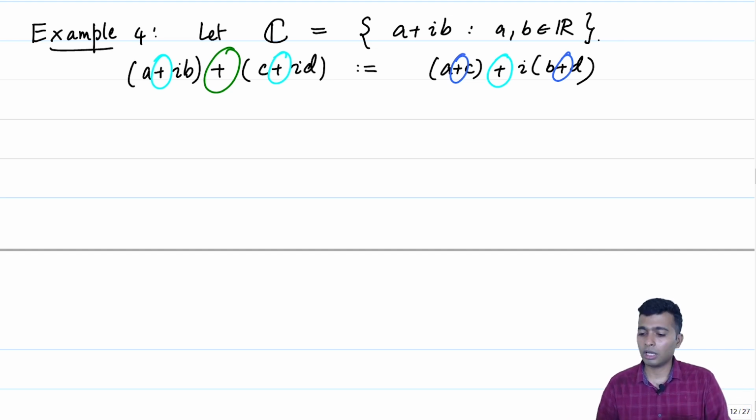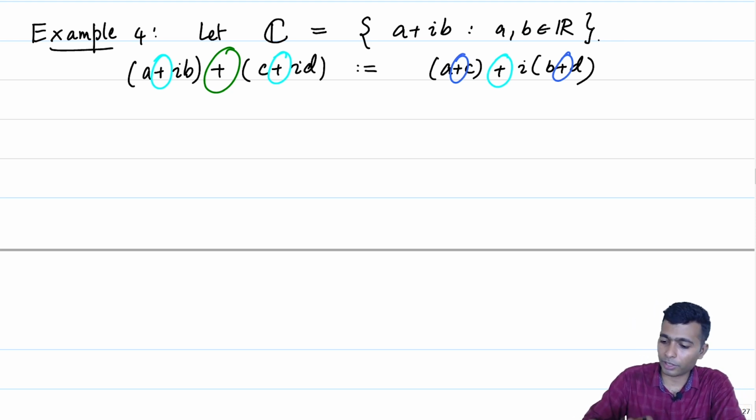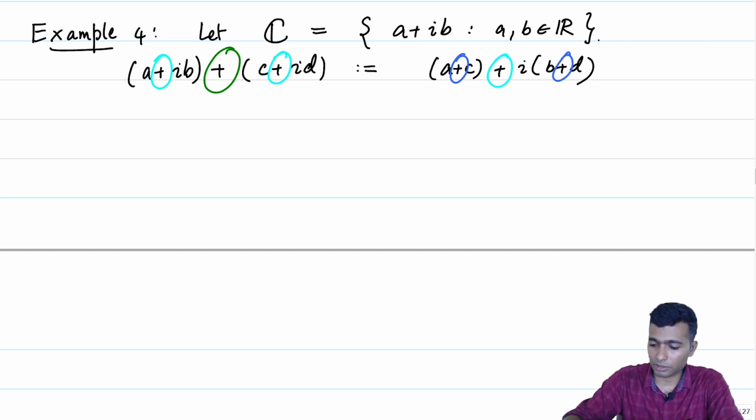So a plus c is a real number, b plus d is a real number. So we get back some real numbers. There are many pluses featuring in this equation, and different pluses have different meanings. So it is very important to keep in mind that when we are doing some abuse of notation, the context should make it clear, and that is something we should familiarize ourselves with.